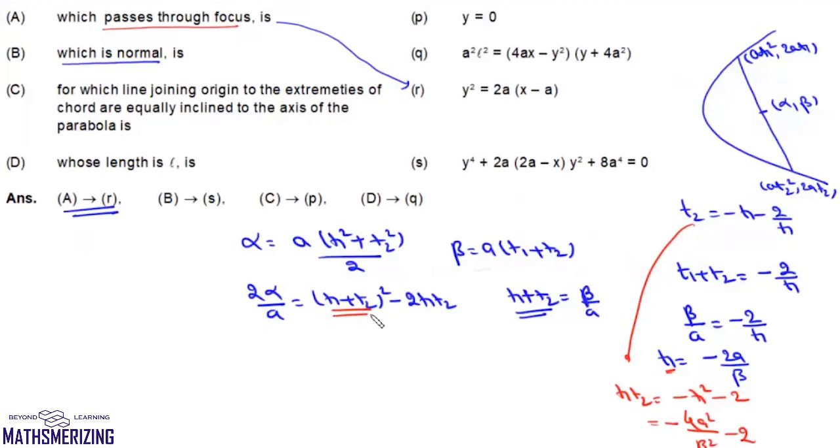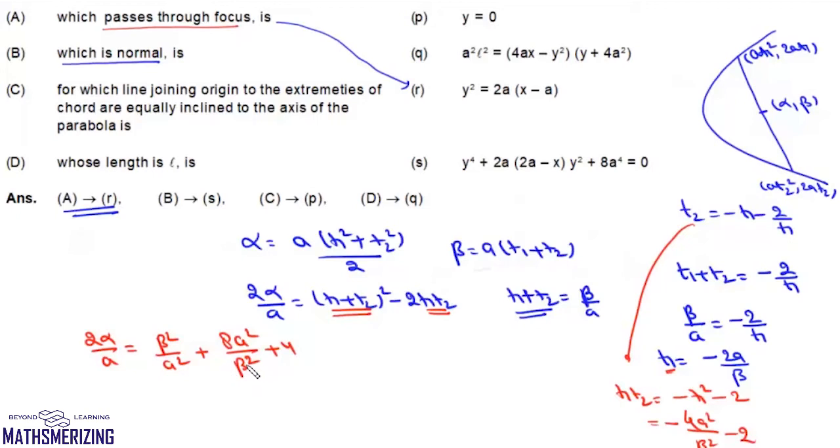So now we'll put the value of t1 plus t2 and t1 into t2. So it'll be 2 alpha upon a equals (t1 plus t2) square, and (t1 plus t2) square is beta upon a whole square. So it'll be beta square upon a square minus 2 t1 t2. So minus and minus will be plus. So it'll be 8a square upon beta square plus 4.